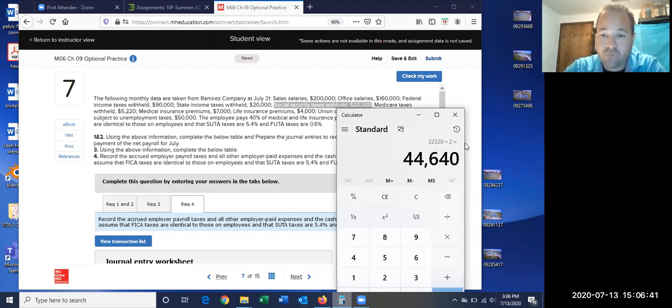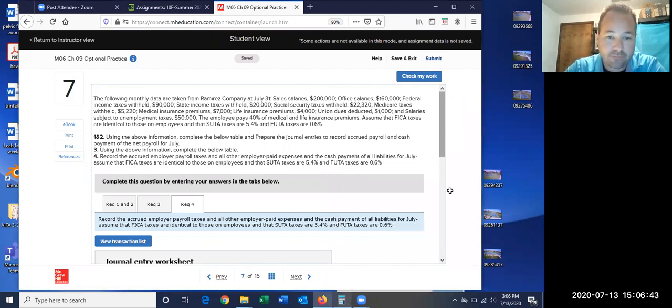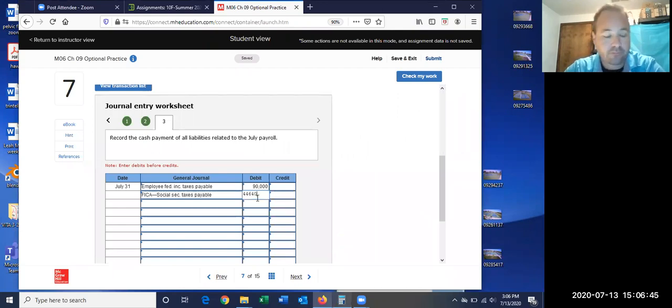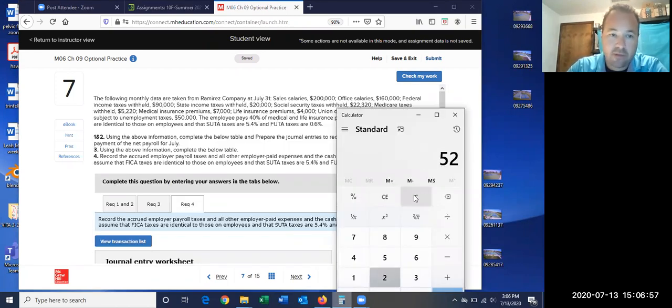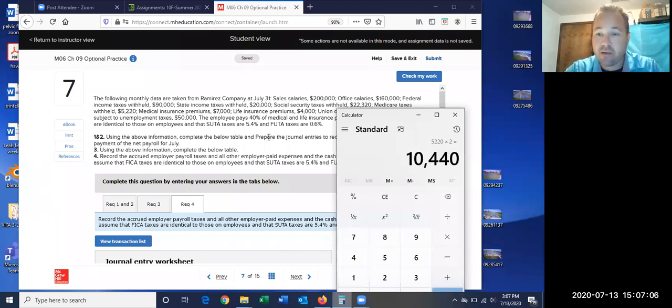So $44,640. I'm going to do the same type of thing for the FICA, for Medicare. For the Medicare, I'm going to see that I had $52.20 for the employee and another $52.20 for the employer had to match. So total that I owed to the IRS for Medicare is $10,440.